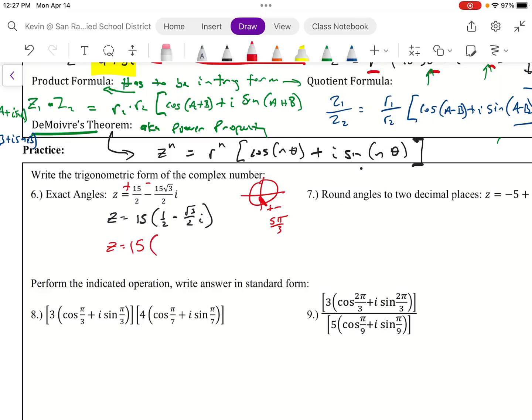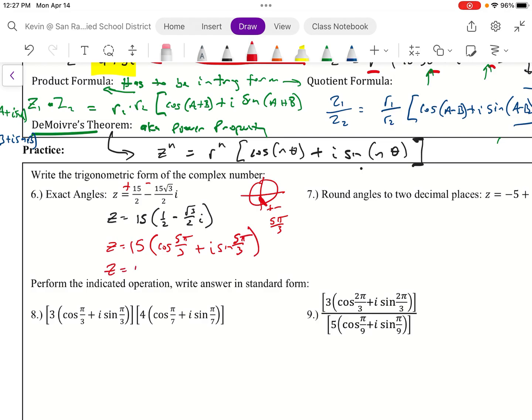So then you would have 15 times the cosine. Write the trigonometric form, because it wants trig form. So this would be cosine of 5 pi over 3 plus i sine of 5 pi over 3, and it's always plus.